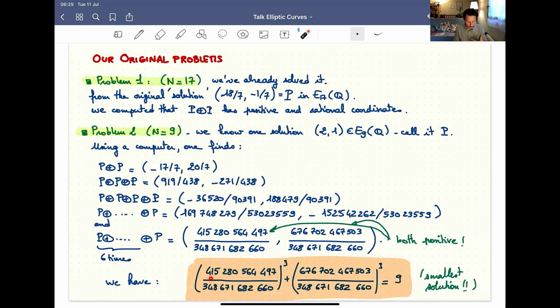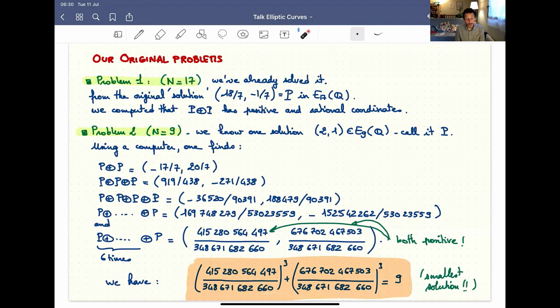So imagine that the secret message is, say, the numerator of the first coordinate, then it's difficult to find it. On the other hand, it's easy to decrypt if you already know the solution. The point is, it's difficult to reverse engineer, right?